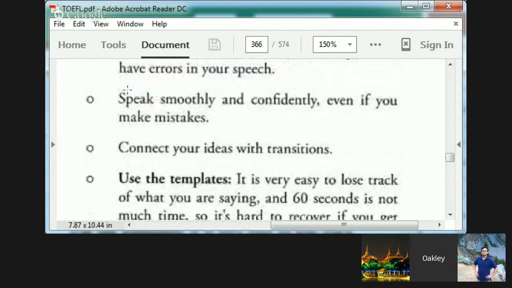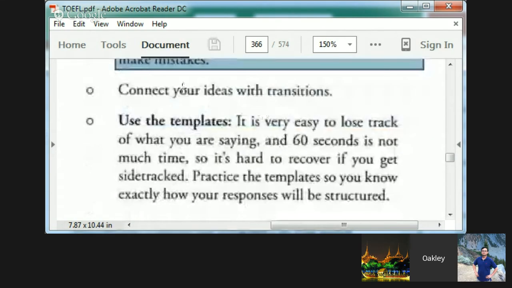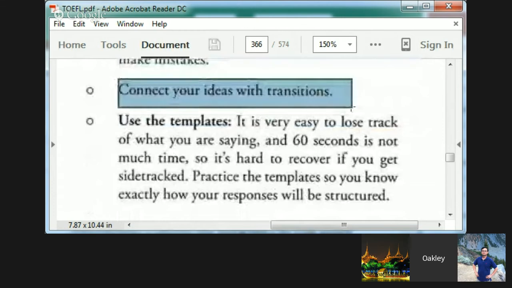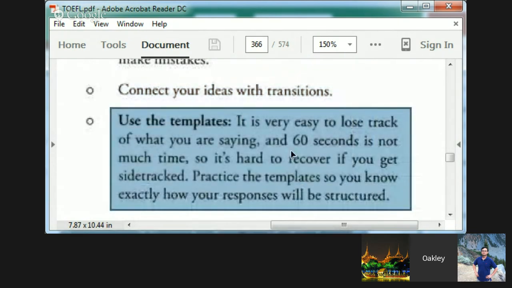Okay. Speak smoothly and confidently. I already said that. Connect your ideas with transitions. I already said that, but one more time. And the templates that I have been sharing all week long, really, it's much easier. It will build your confidence for the TOEFL exam. I don't really recommend this for CAE or IELTS, but for the TOEFL exam, go ahead and memorize a template.